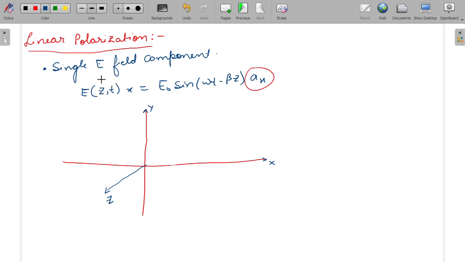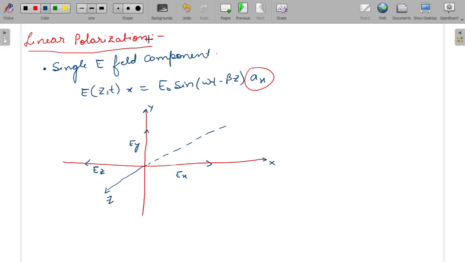I will draw dotted just because it is going down to the plane. So in this our electric field is only in the x direction, like this. Sometimes it can be only in the y direction, or sometimes only in the z direction. Such kind of polarization is called linear polarization, where the electric field has only one component.